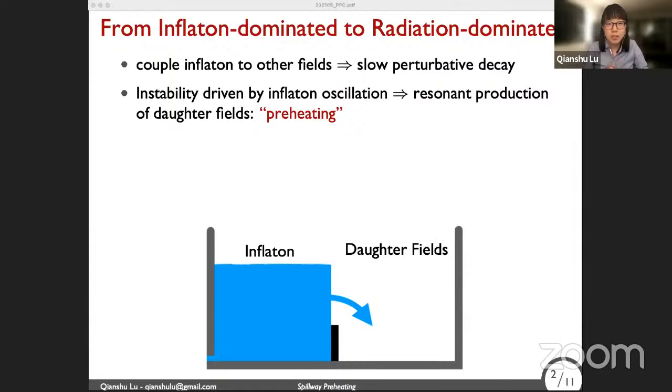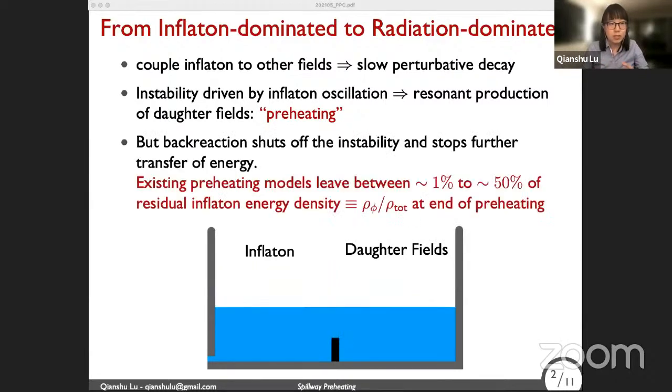Now, this all sounds very good, but existing preheating models in the literature share a common problem: when the daughter fields accumulate a significant energy density, their back reaction on the system shuts off the instability and prevents further transfer of energy out of the inflaton. This is just like how the water is going to stop flowing once the water level is flat in the large tank.